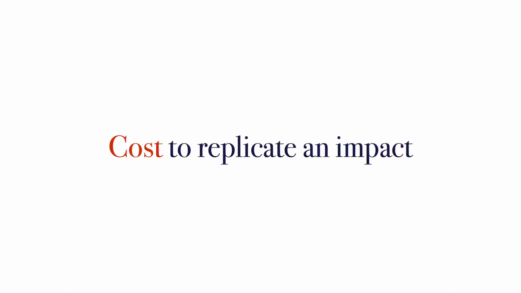So really our focus in looking at costs is thinking about this cost to achieve an impact. Cost to replicate an impact, right? This is a guiding principle that I tell myself and remind myself on nearly every project. When I start thinking about what are my ingredients, how do I approach this, this is what I always come back to.